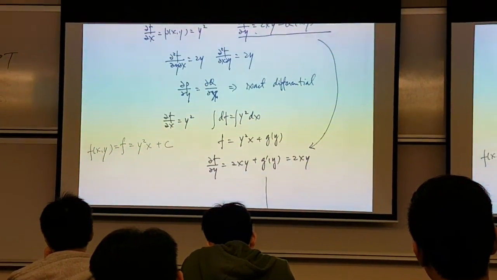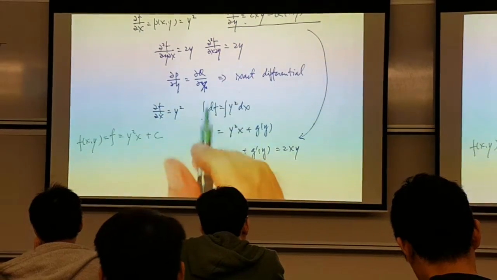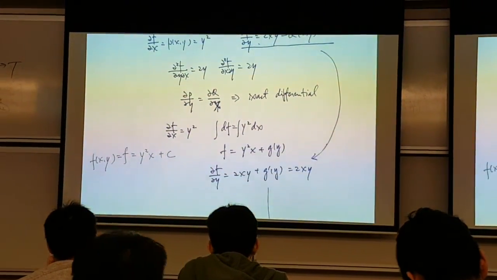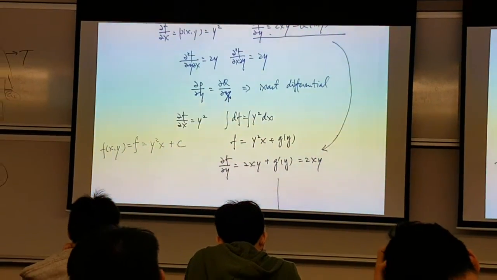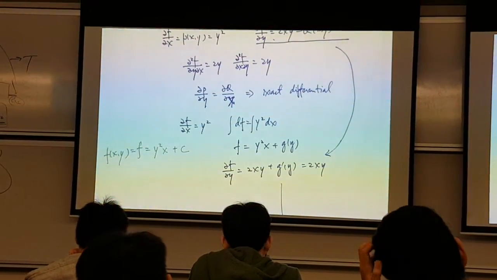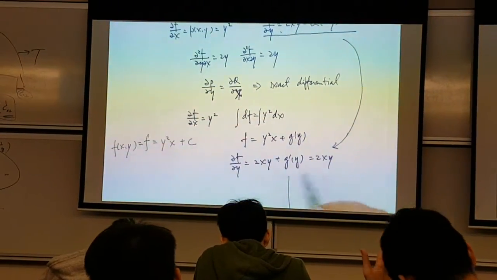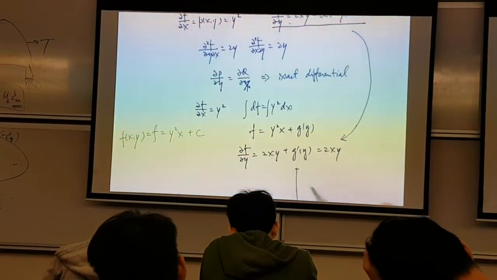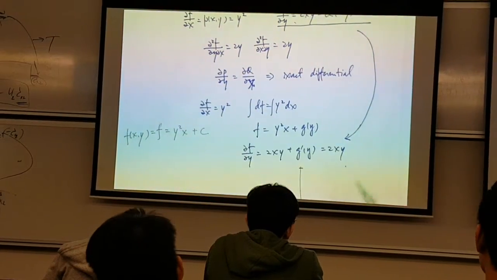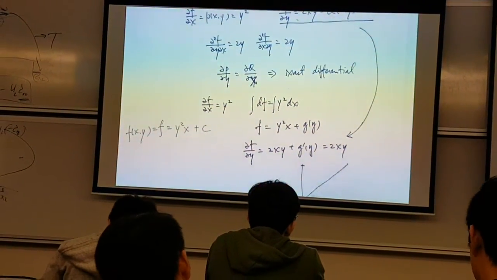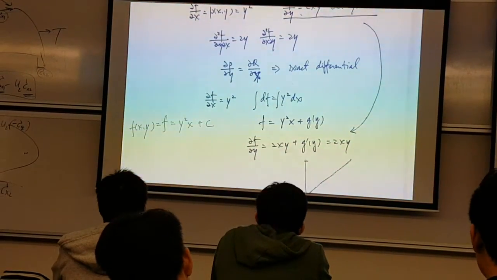If I have to draw it, the starting point is x is 0, y is 1, and the ending point is x is 1, y is equal to 2. So it is here, so this is a path.